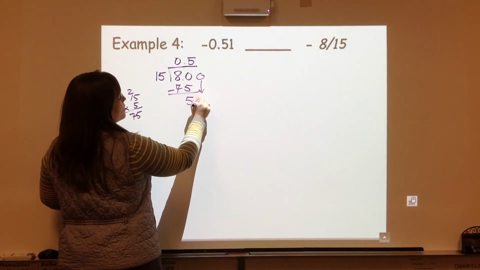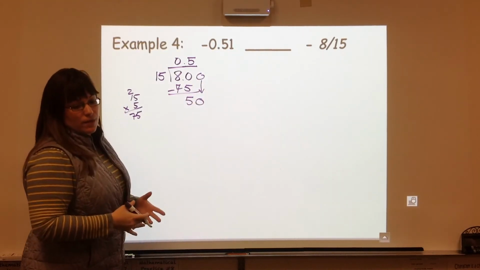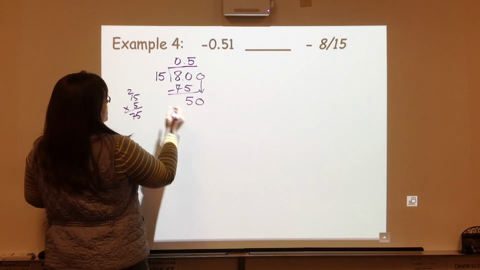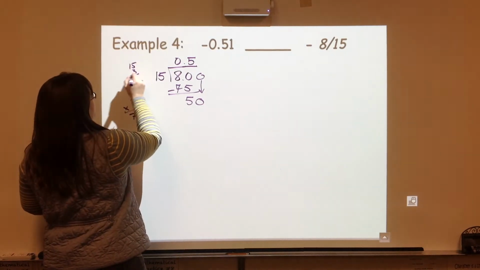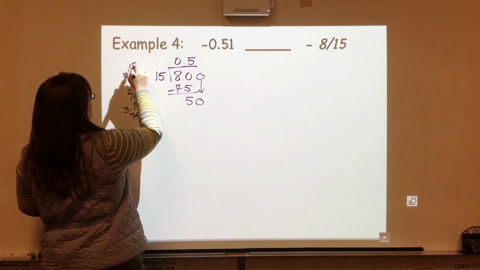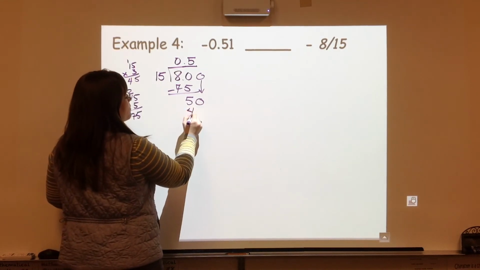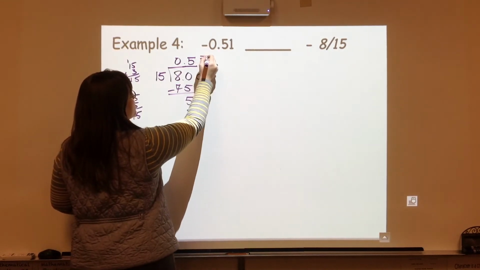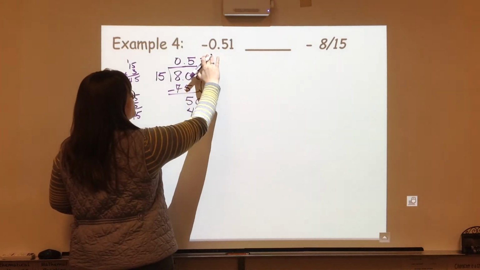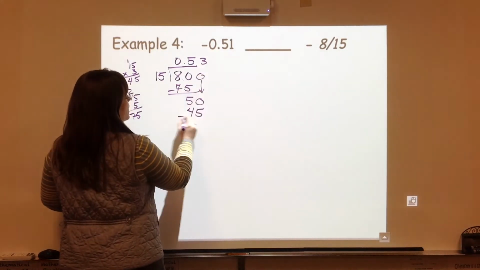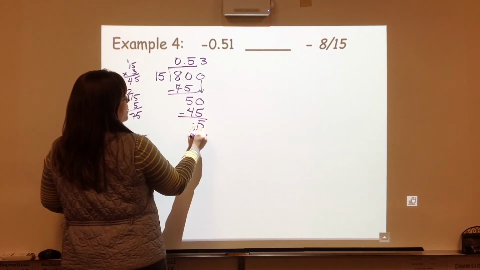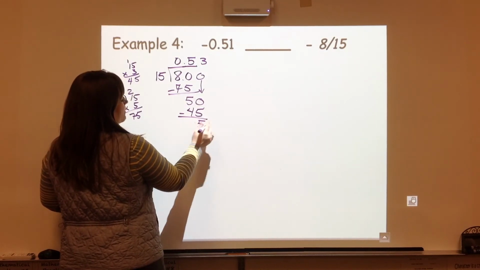I'm going to annex another 0. I'm dealing with 50. 15 times 3 is 45, so that will be my best number to work with. When I subtract, I notice I'm getting another 5.